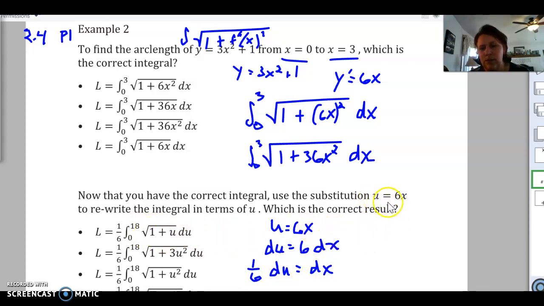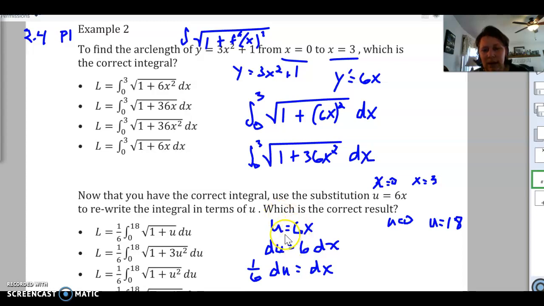So if u equals 6x, well, up at the top, we had our limits of integration from x equals 0 to x equals 3. If we put in 0, then our limit of integration for u would also be 0. And if we put in 3, our limit of integration would be 18. Okay, so from 0 to 18 will be our new limits of integration.